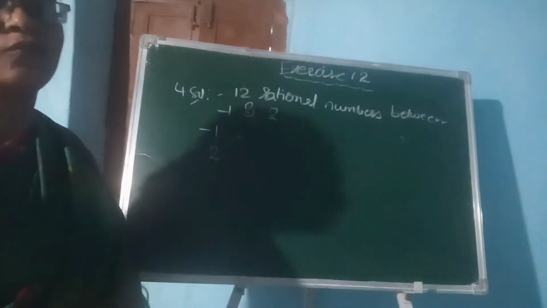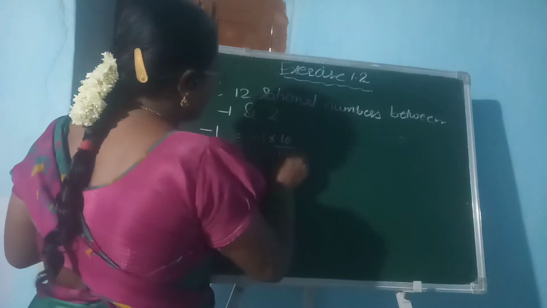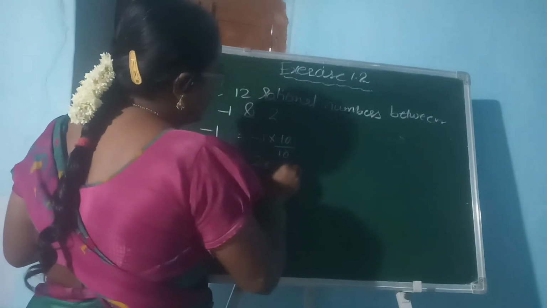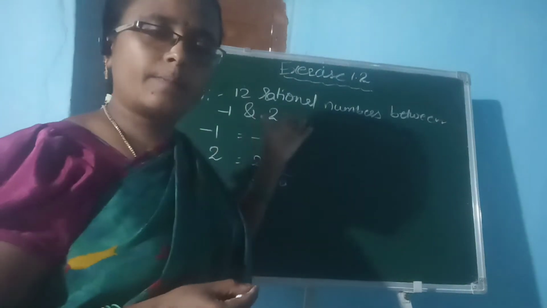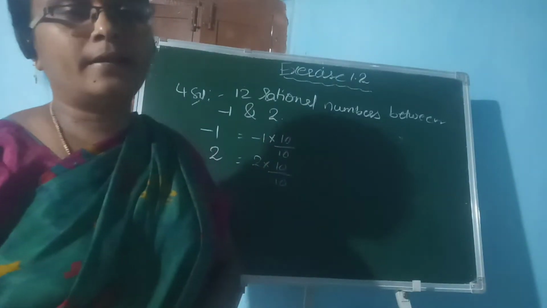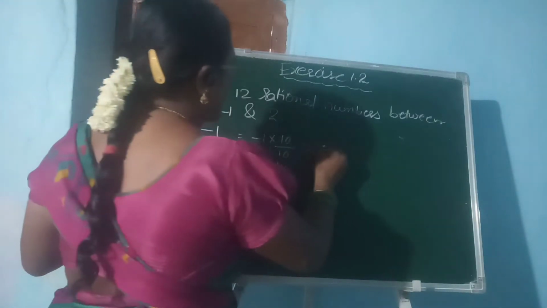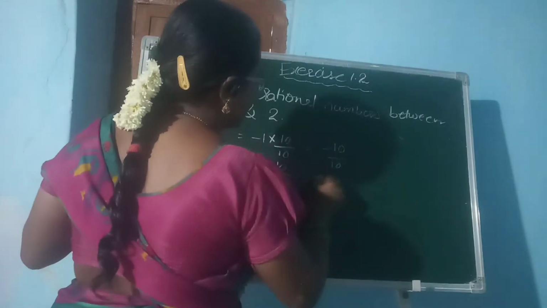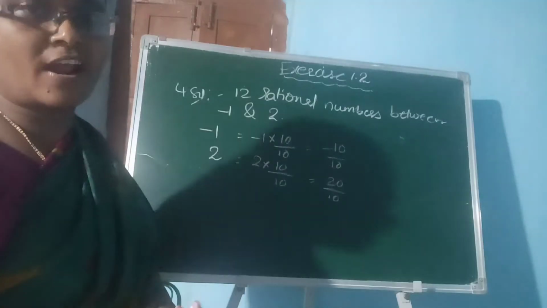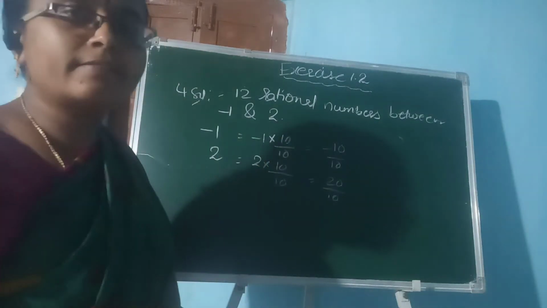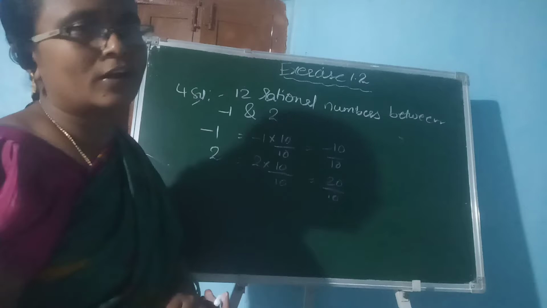I am converting minus 1 into 10 by 10 and 2 into 10 by 10. See here, I am multiplying by 10 and also dividing by 10, so there will be no change. So it becomes minus 10 by 10 and 20 by 10. Now I have converted them into like fractions, and we can easily write 12 rational numbers between minus 10 by 10 and 20 by 10.